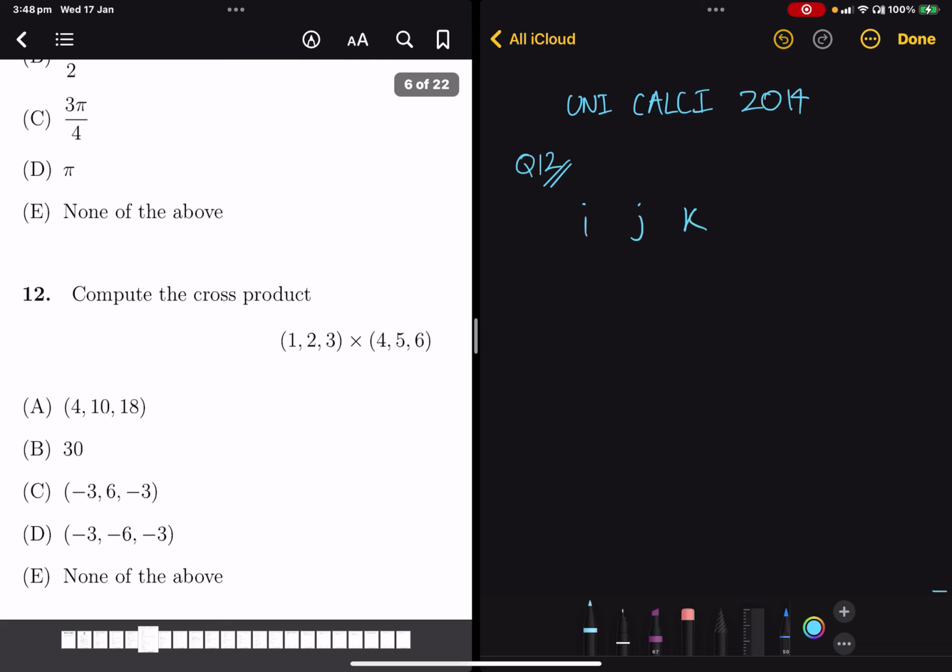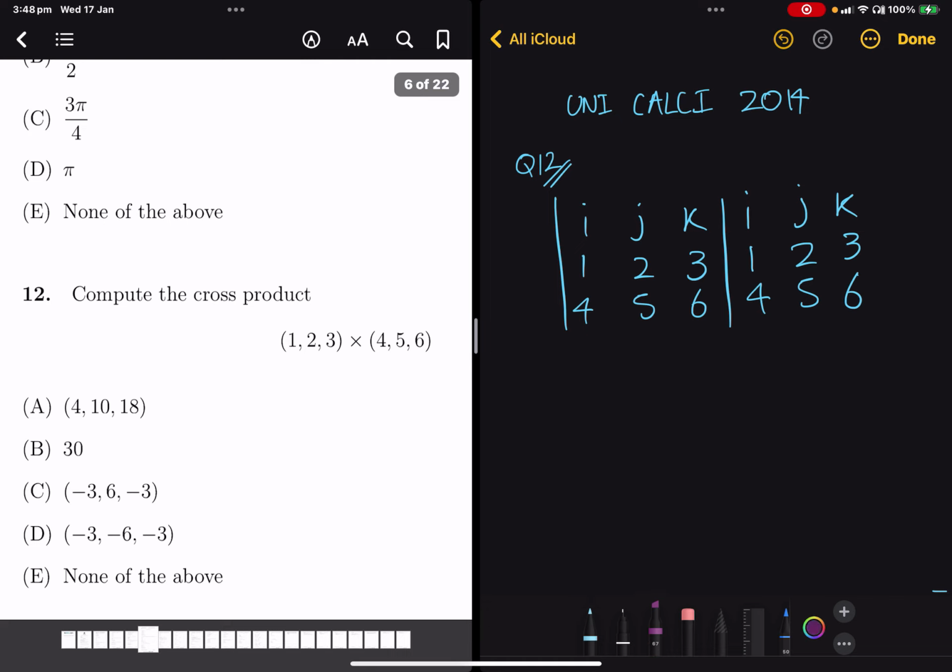Then we write the first vector, 1, 2, 3, then the second vector, 4, 5, 6, in a box. And then we write it again. So we have i, j, k, 1, 2, 3, 4, 5, 6.